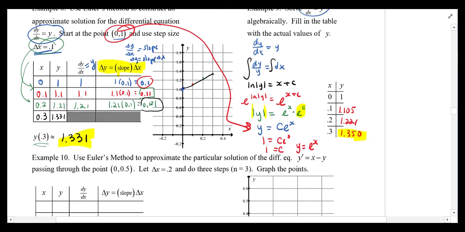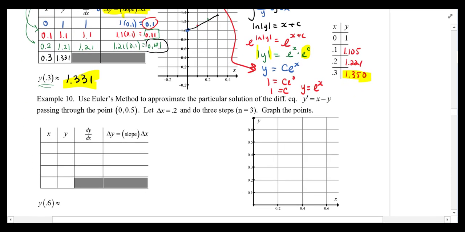I'm going to ask you now to try number 10 yourself, because it's really similar to what we just did. So once again, use Euler's method to approximate the particular solution of this differential equation, passing through this particular point, and this time the delta x is 0.2, and I want you to do 3 steps.